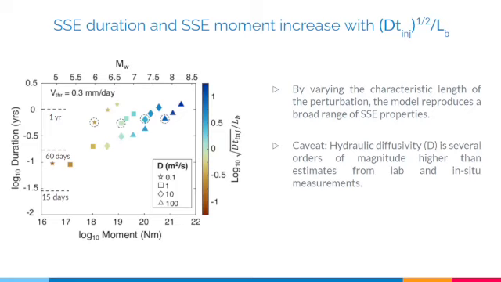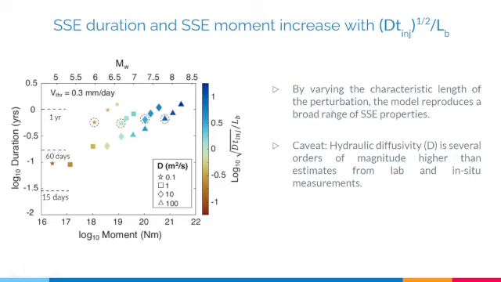Here it shows the duration and moment of the induced SSE with respect to the characteristic size of the perturbation. The main thing to note is that the model reproduced a broad range of SSE properties, ranging from months to years, and also covering two orders of magnitude for the moment.